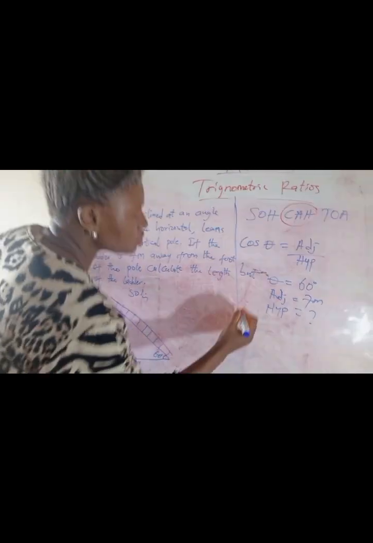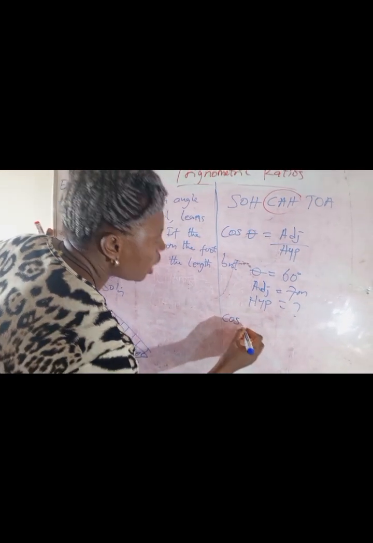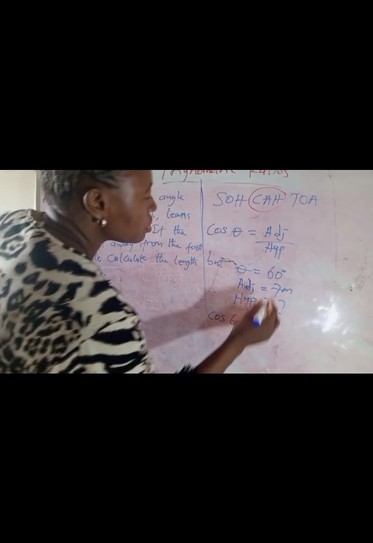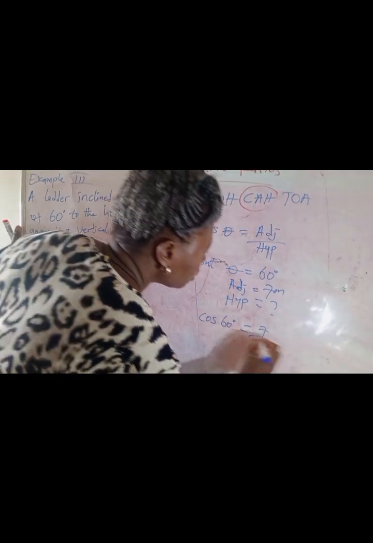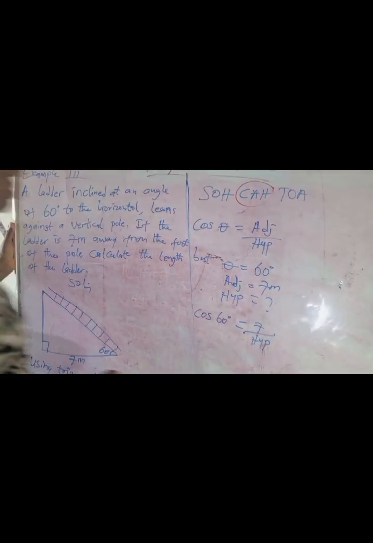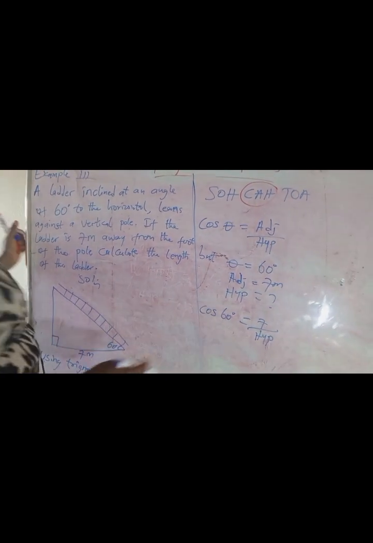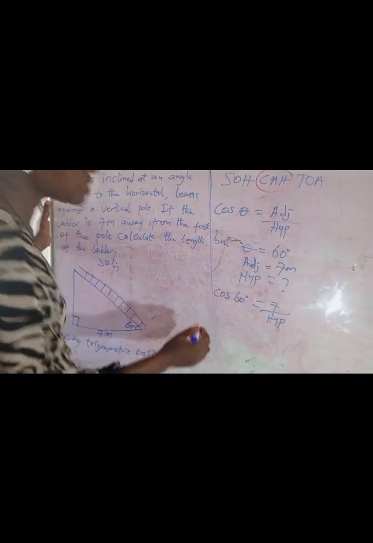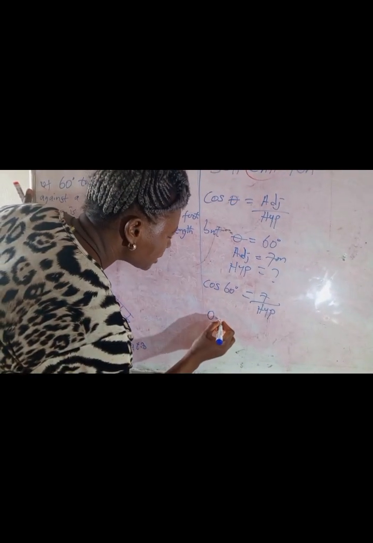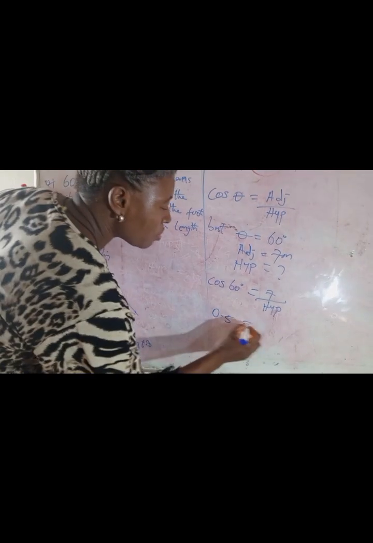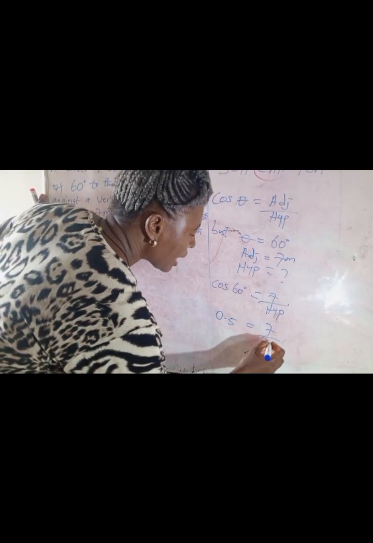Now let's substitute. So we shall have cos 60 degrees is equal to adjacent, 7, over hypotenuse. From our four-figure table or from your calculator, cos 60 degrees is 0.5. So 0.5 is equal to 7 over hypotenuse.